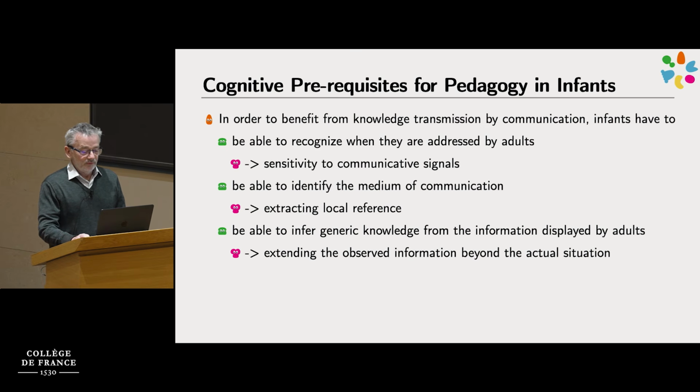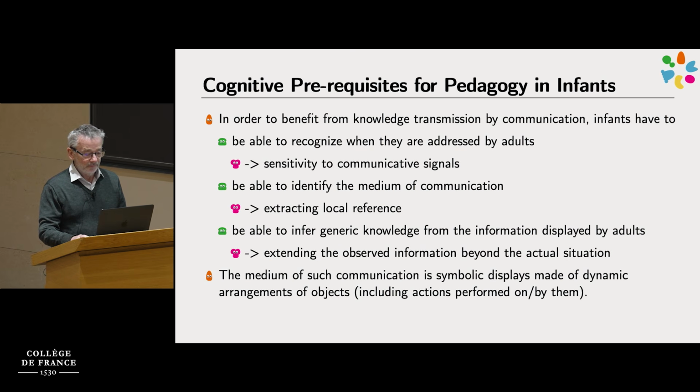They have to be able to infer generic knowledge from the information that is displayed by adults. That is, we have to be able to extend the information beyond the actual situation.